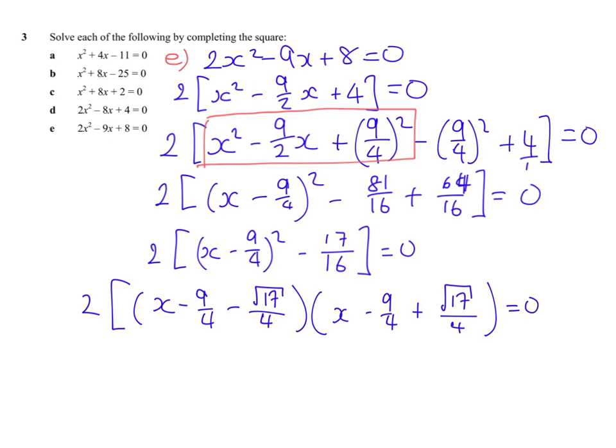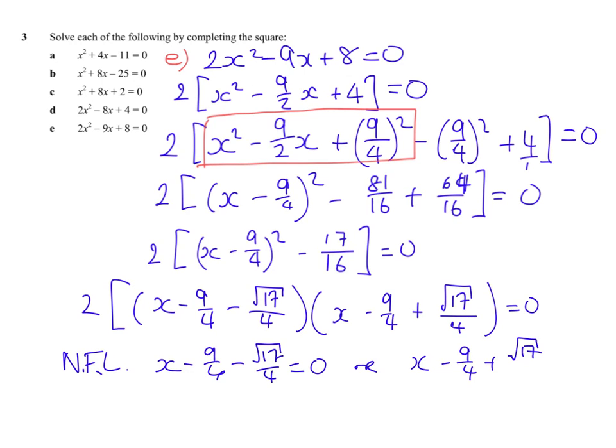So I've got that far from my null factor law. Okay, I can go x minus 9 over 4 minus root 17 over 4 equals 0, or x minus 9 over 4 plus root 17 over 4 equals 0.